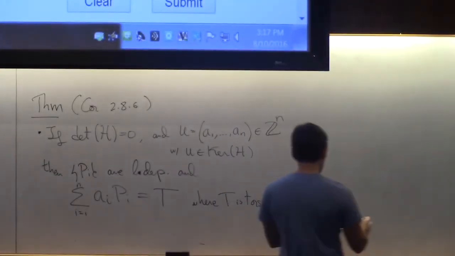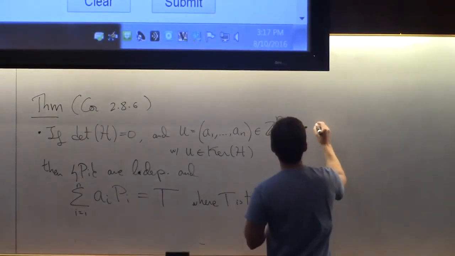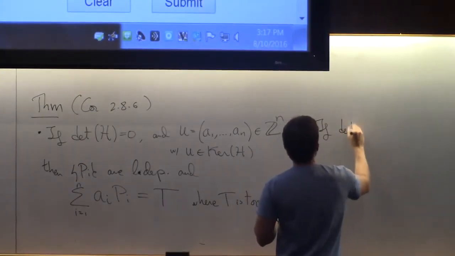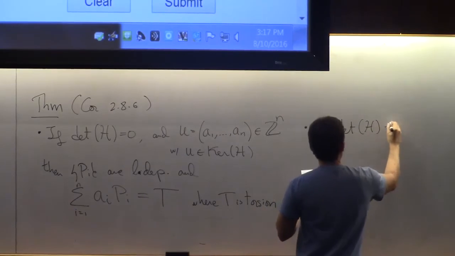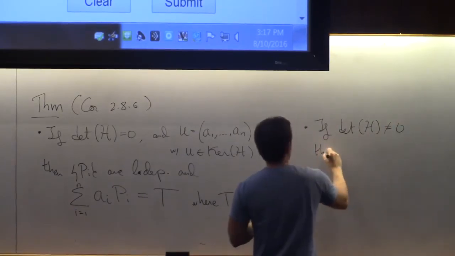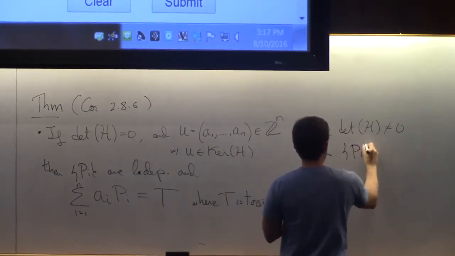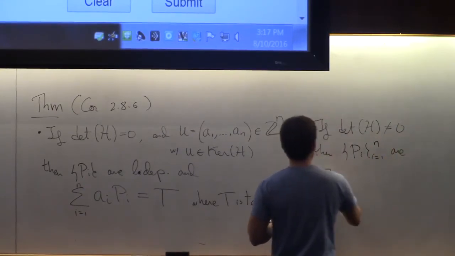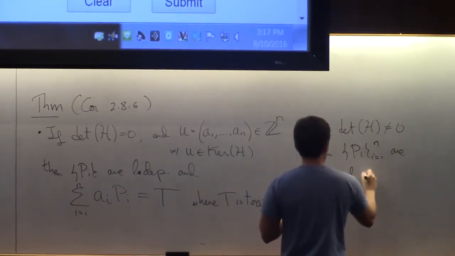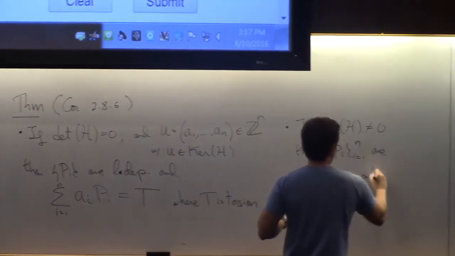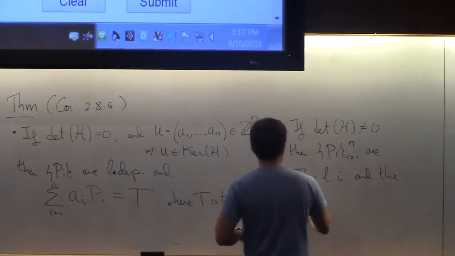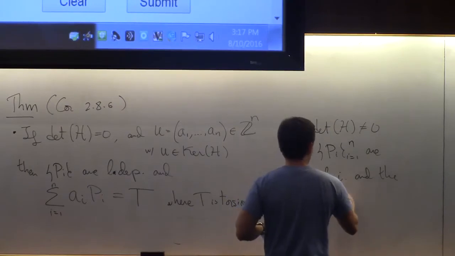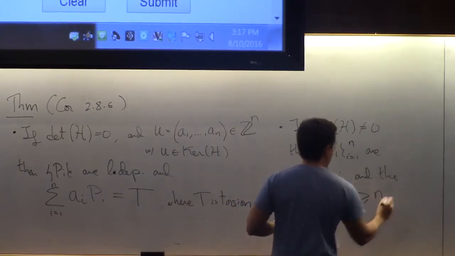Okay, and conversely, if the determinant is not 0, then your points are Z-linearly independent, and the rank of E is at least N.